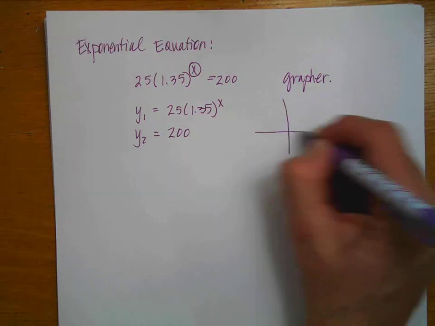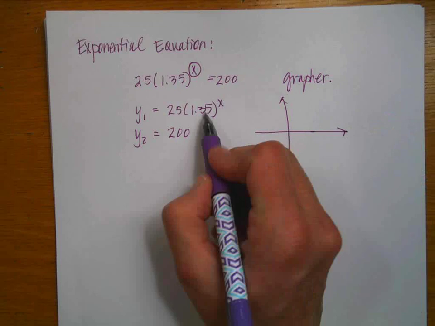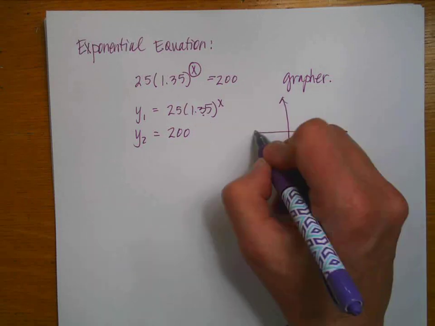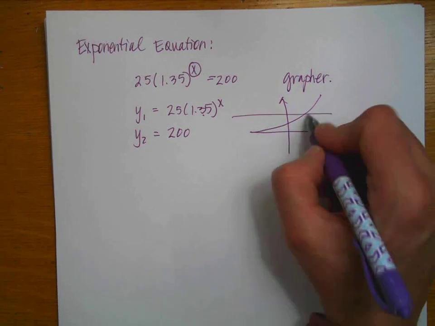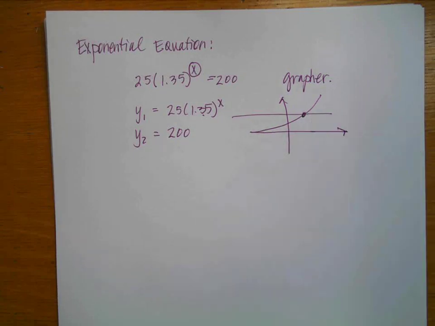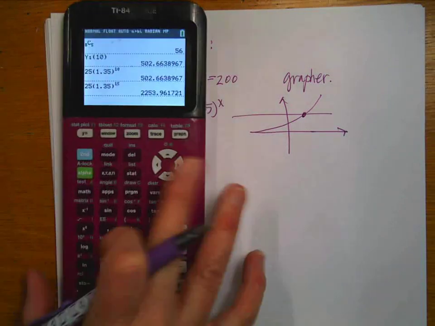And basically what's going to happen is, this is greater than 1, so this is exponential growth, and then I'm going to get a horizontal line, and I'm going to find that point of intersection. Okay, so let's do that math.